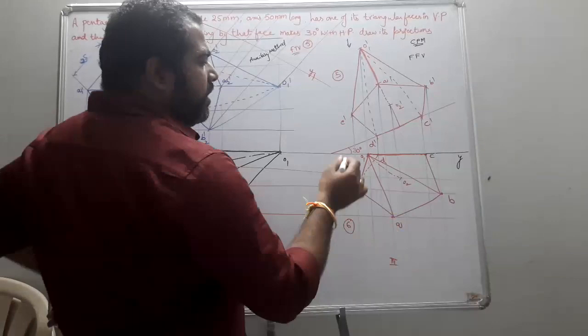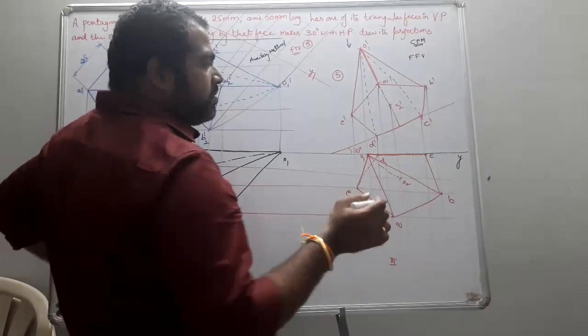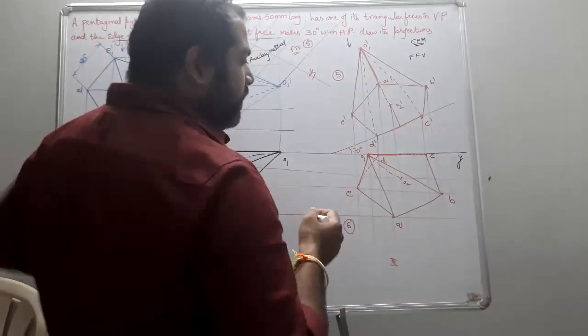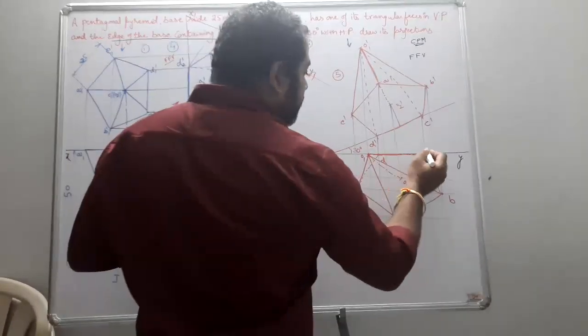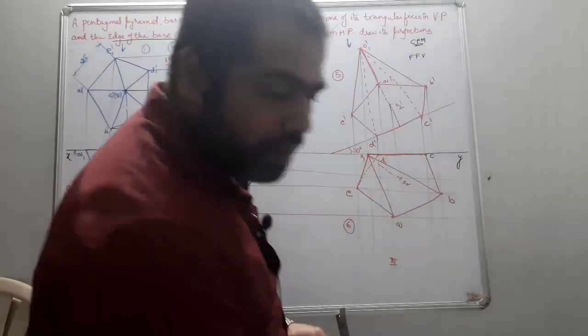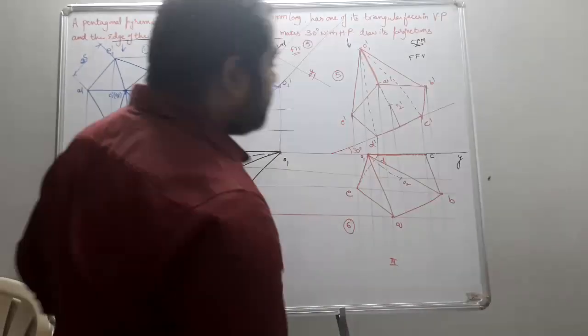D to C is actually a dotted line, you know that. But when I join C with O, base corner C to the apex, this dotted line is going to be covered.